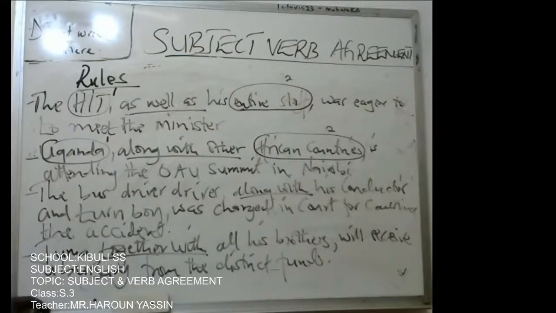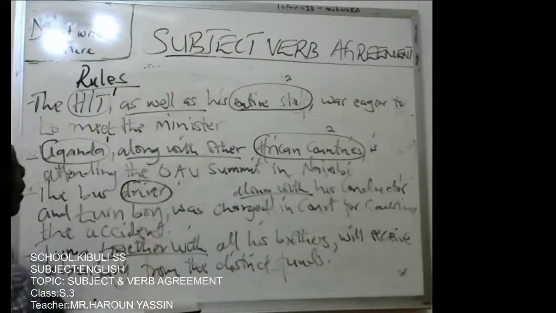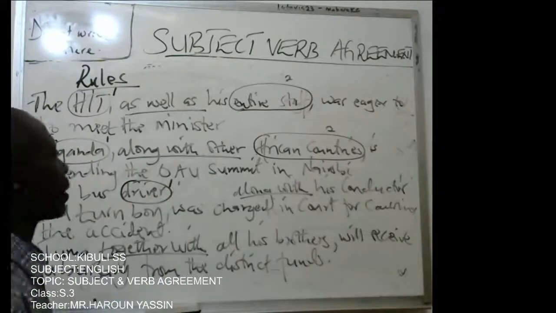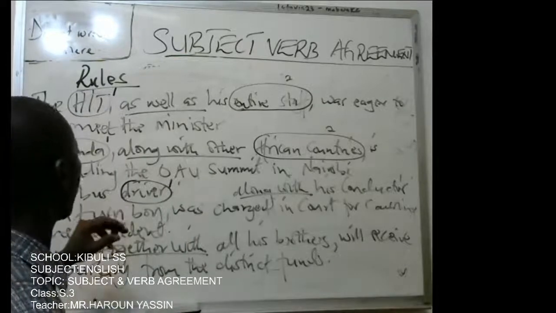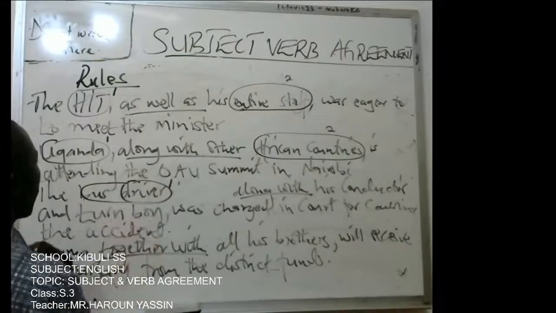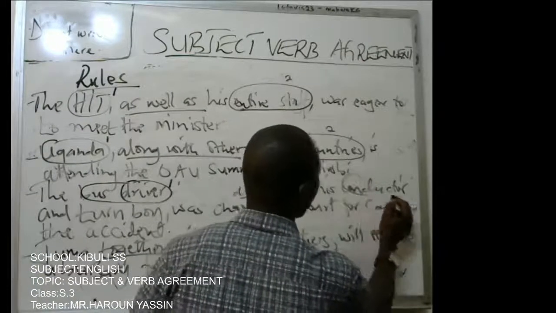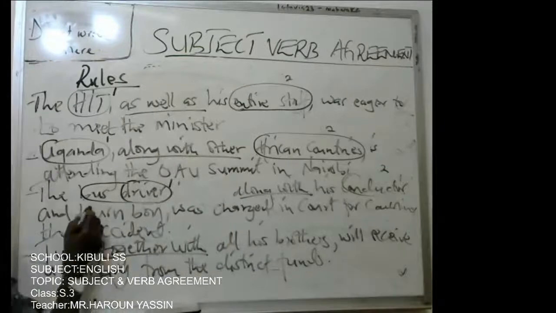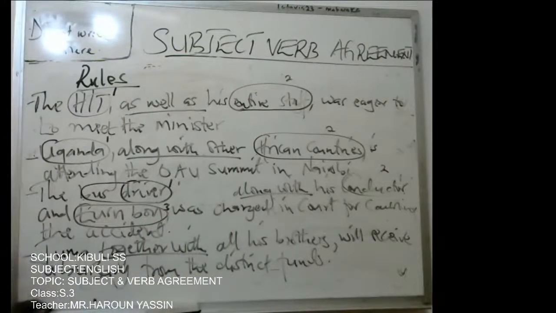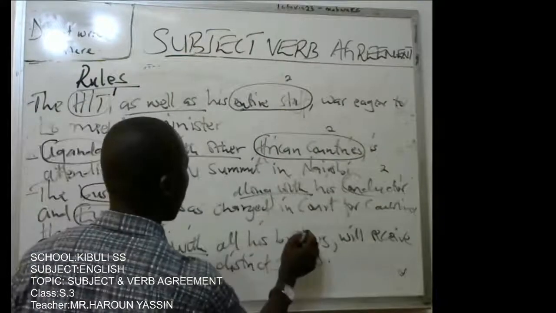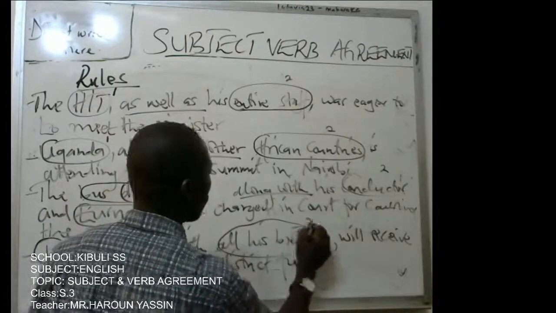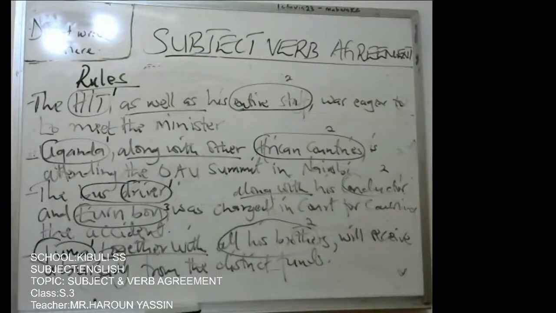When we come to the third sentence, we shall have the bus driver being one subject, then conductor, literally the second one, and then the turnboy, this would be three. Then in the last sentence, Juma would be one noun, and all his brothers would be two. So that is the argument somebody would have.